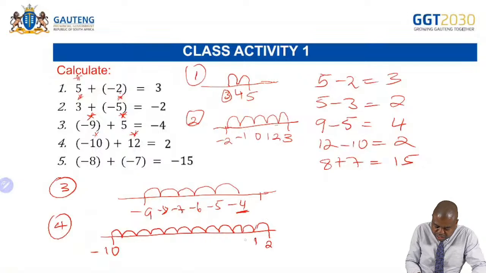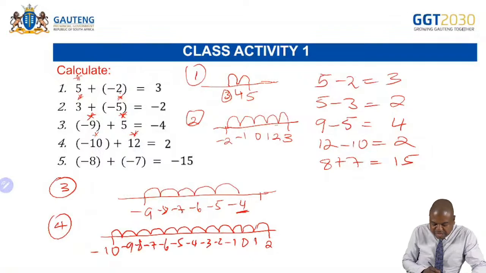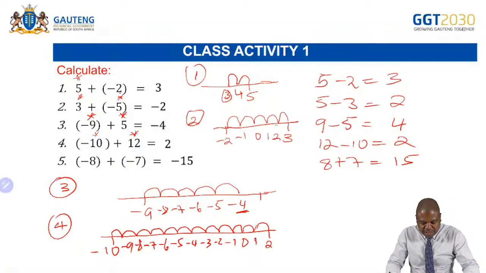This one: -9, -8, and so on up to 0, 1, 2. This is what you are supposed to get if you were using number lines.